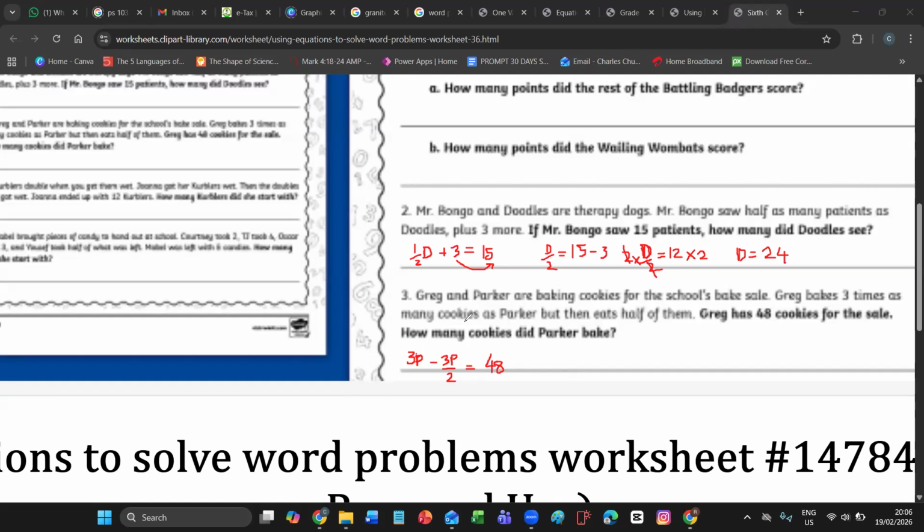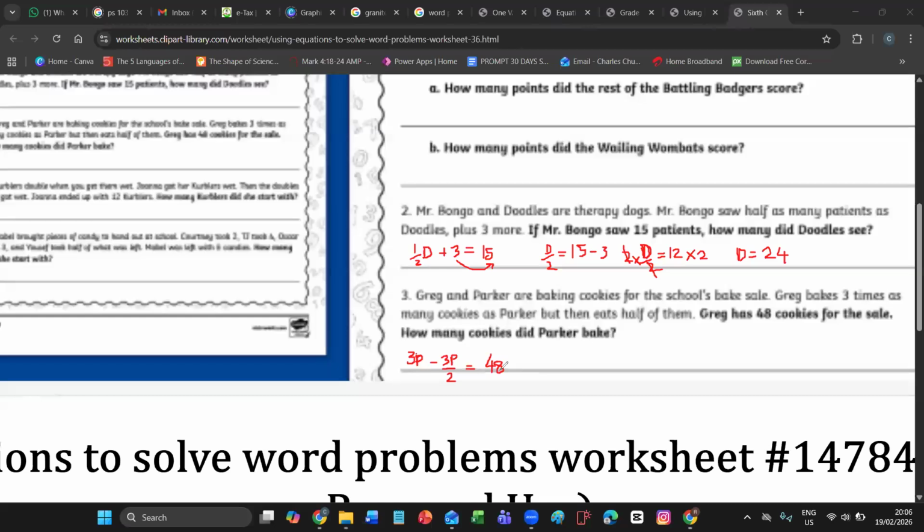Well, I think it was in one of those previous ones that we did. So what do we do to this particular equation? Do we multiply them by 2? Yes, exactly. We're going to multiply by 2 so that we take care of that fraction.